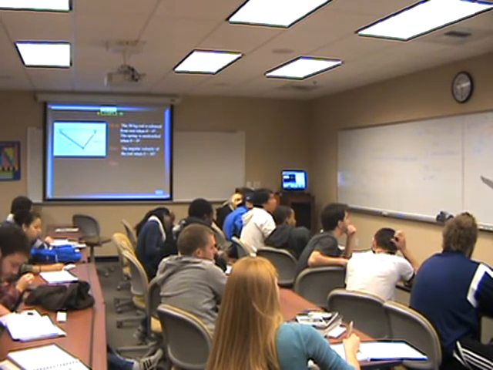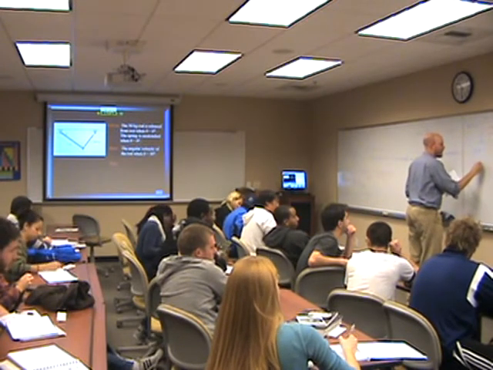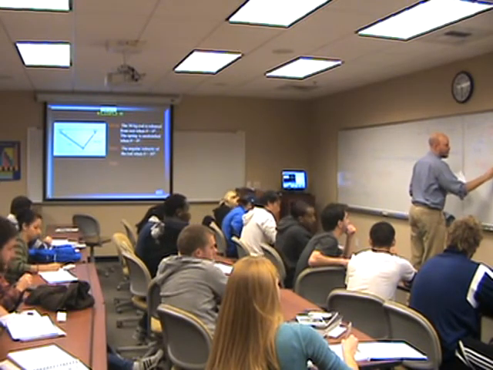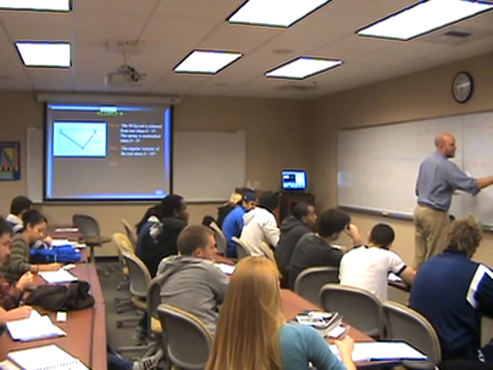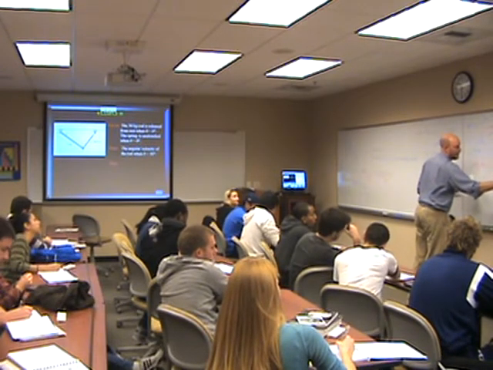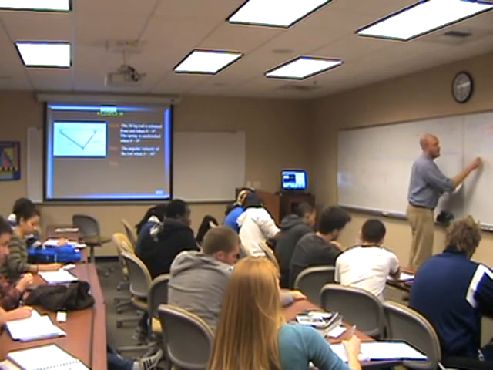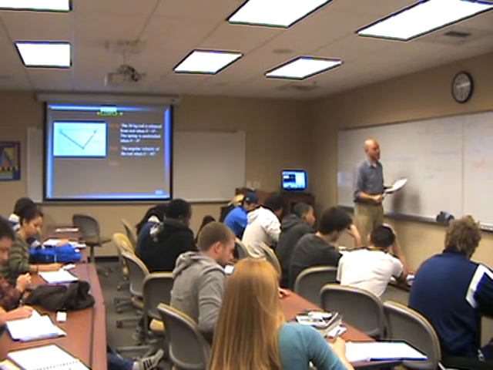So what do we have? We have kinetic energy 1 plus potential energy 1 equals kinetic energy 2 plus potential energy 2 from gravity plus potential energy 2 from elasticity. This is 0. What's our final kinetic energy?